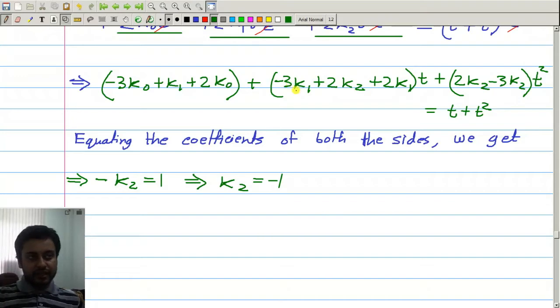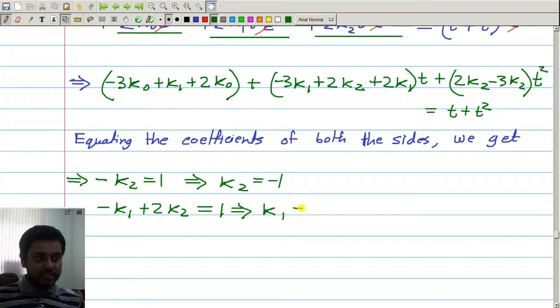Then here we have minus 3 plus 2, so minus k1 plus 2k2, that should be 1. So that means k1 is equal to 2k2 minus 1, and this is equal to minus 3.